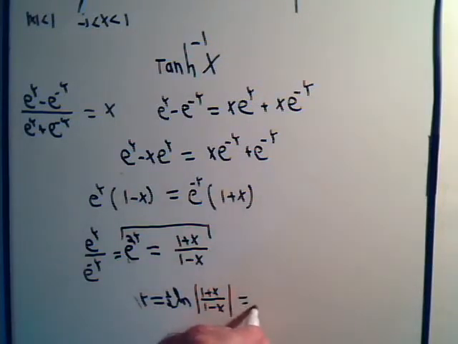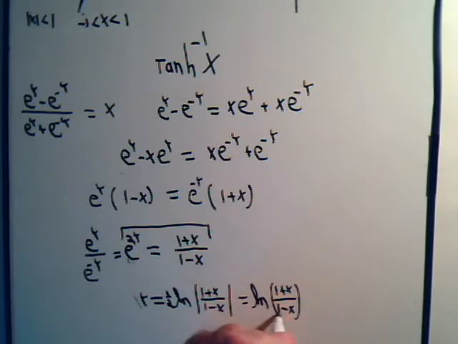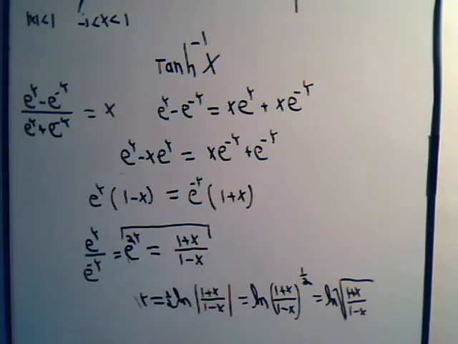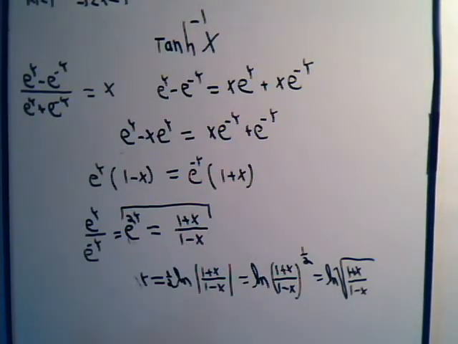That would equal the natural log of 1 plus x divided by 1 minus x to the 1/2 power, or we can write it like the natural log of the square root of 1 plus x divided by 1 minus x. But that's it. There's no more to it than that. That's what y is equal to.